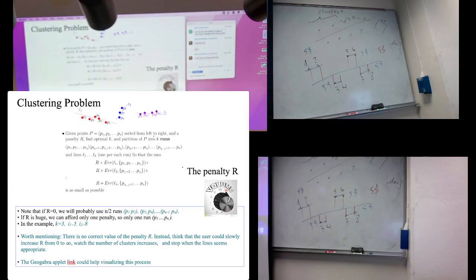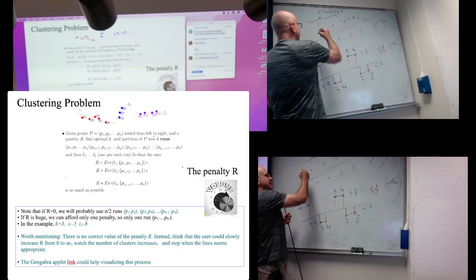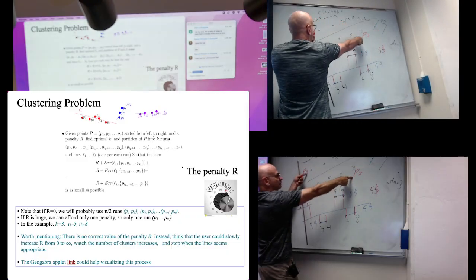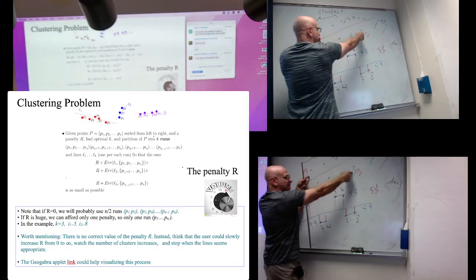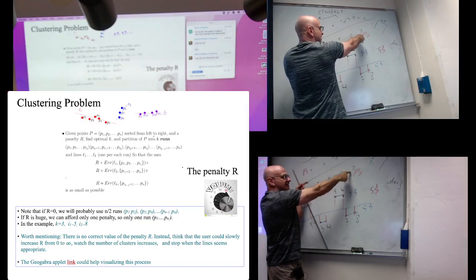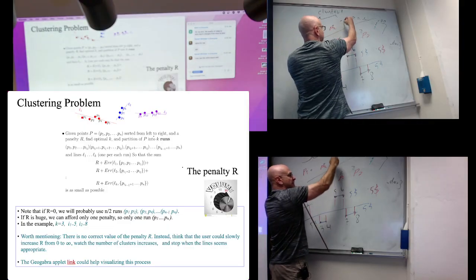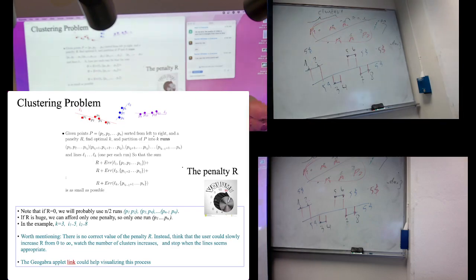My cluster will never contain P1 and P7 but not P6. If you're saying that P1 and P7 are in the same cluster, then P2, P3, P4, P6 must be in the same cluster.